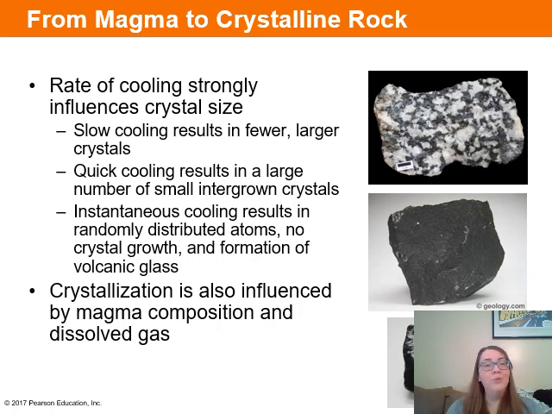So this quick cooling of lava on our surface is going to result in really small crystals, like we can see here in the second image. It just looks like a matte black rock. So here, there are still minerals inside of this rock, but the minerals are so small that we would need a microscope in order to see them because they cooled off very quickly along the surface.